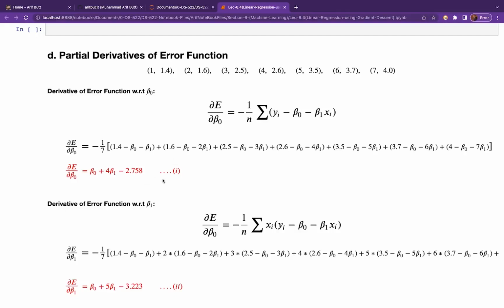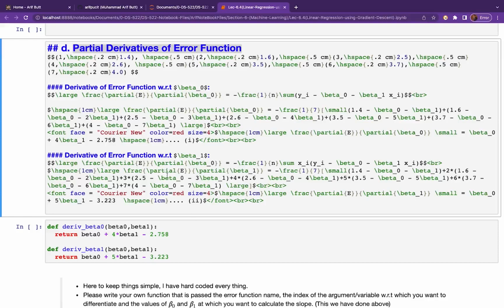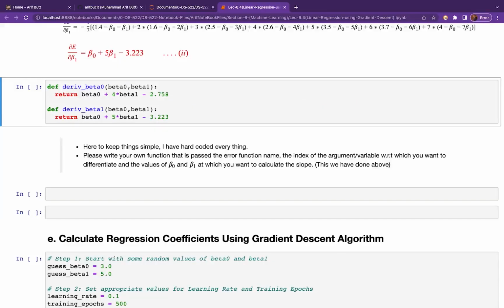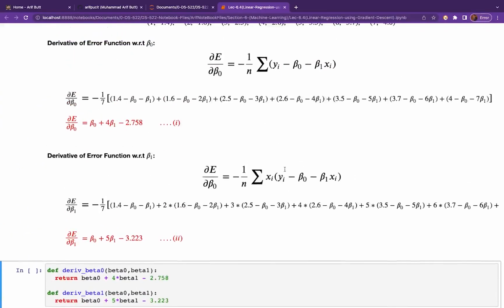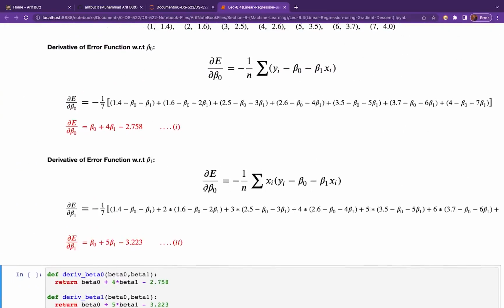And similarly, by substituting the values of x's and y's in this derivative of error function with respect to beta 1, this is a typo. Let me correct it right over here. This is a typo that should not have happened, where I have to make the change. Okay, so this is with respect to beta 1.